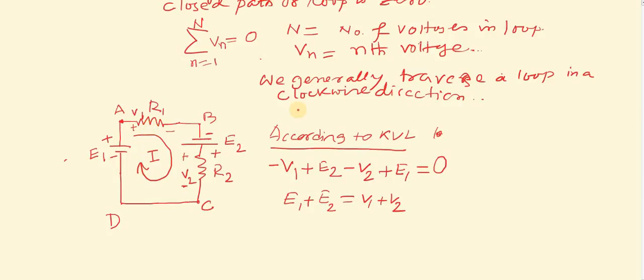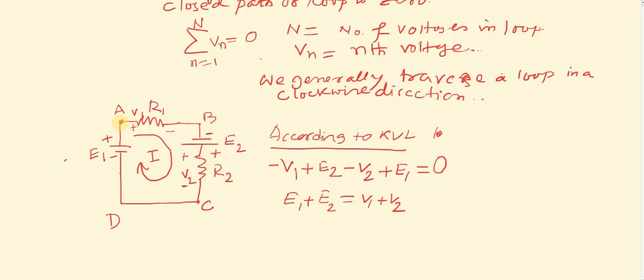KVL is very important for writing voltage equations. With the natural sign convention, while traversing through a loop, if we encounter a negative symbol, we write it as negative, and if we encounter a positive symbol, we write it as positive.